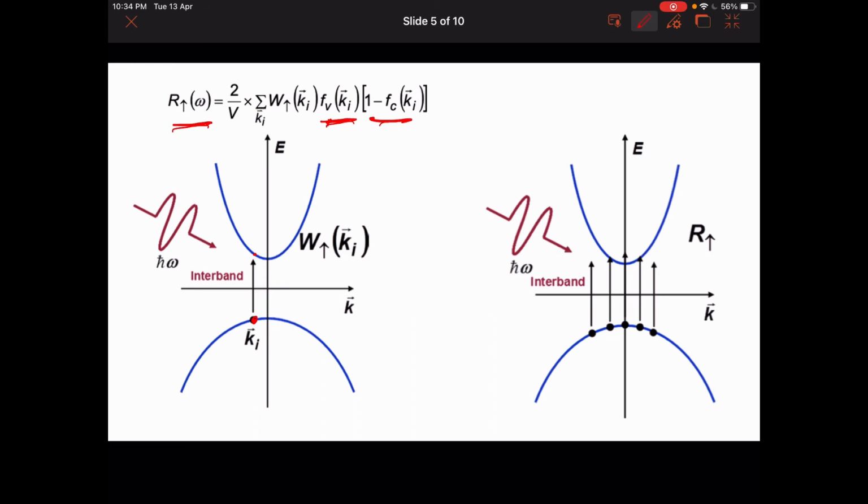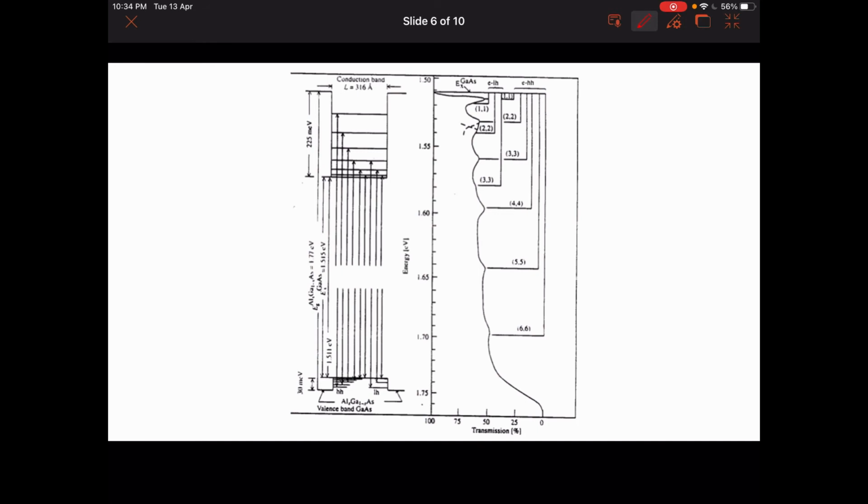So the scattering rate from bottom to up is also determined by the occupancy of the valence band, how many states are filled, and how many states in the conduction band are empty. The product of these two tells you the scattering probability, or the transition rate from the valence band to the conduction band. This is obviously true from the various descriptions or definitions that we have read during our treatments of scattering in the Boltzmann transport equation and so on and so forth, right?